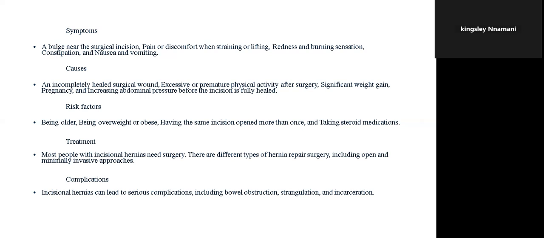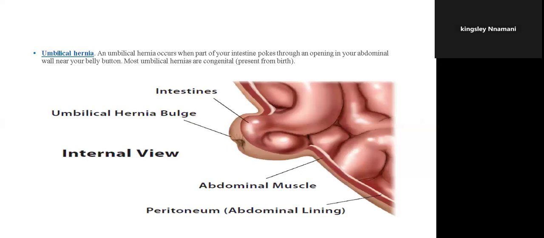They started too early engaging themselves in physical activity. So you are risking yourself to incisional hernia. Then in some patients, significant weight gain can lead to it. Pregnancy can equally make it appear. Increasing abdominal pressure can equally cause this particular type of hernia.